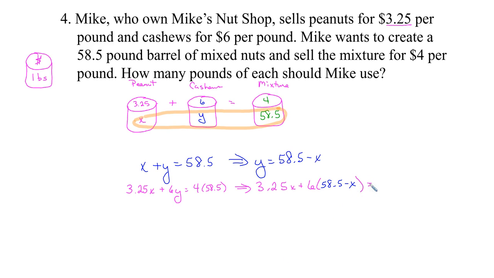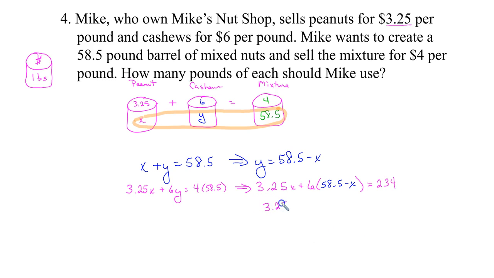equals, I'm going to go ahead and multiply those two numbers together. So 58.5 times 4 is going to be 234. And we're going to simplify this.